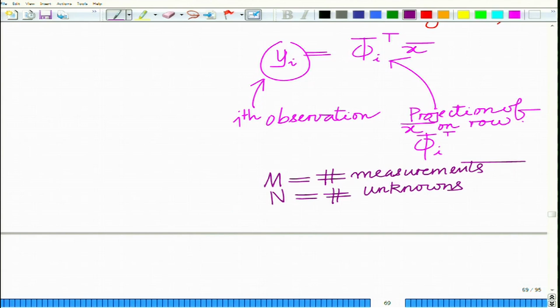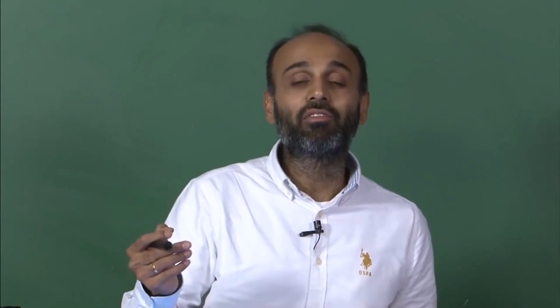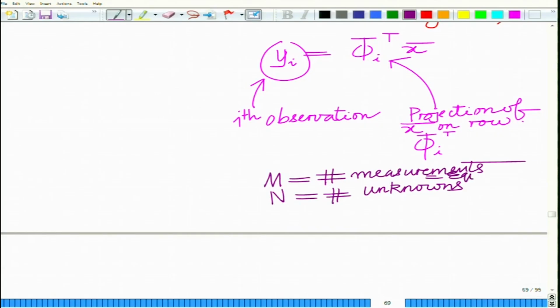Therefore this is a system of equations with m equations. M is the number of observations, measurements, or equations, and n is the number of unknowns or variables. And from linear algebra we know that in order to recover x, which is a vector of size n, you need at least n equations to uniquely determine x.